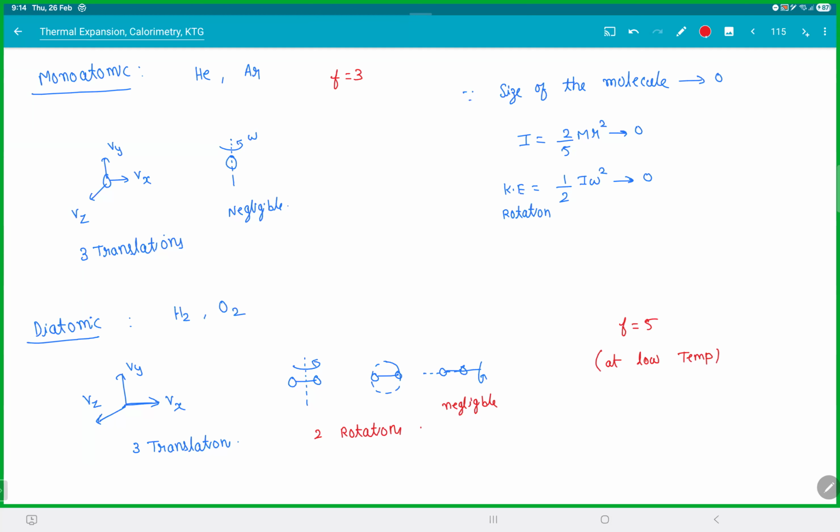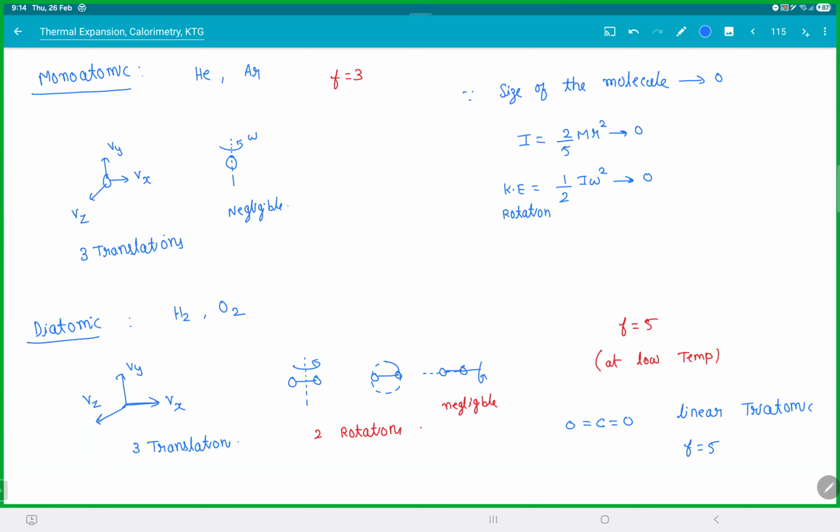Even for molecules like the linear triatomic molecule, something like carbon dioxide, even for this it is 5, because the bonds are perpendicularly locked. It cannot go in any other direction. It just behaves like a rod. So even for this, f is 5. I'll give you a table on all these degrees of freedom.